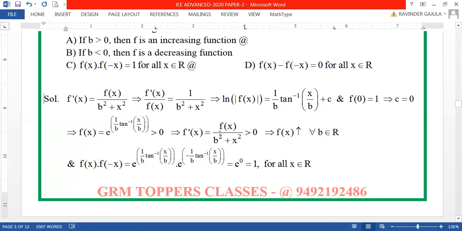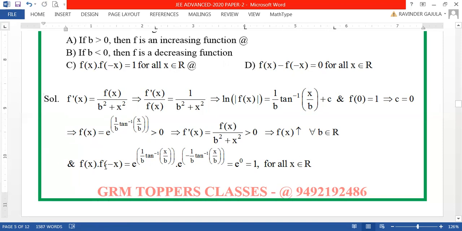Then f dash x, which is f of x by b square plus x square, is also greater than 0 because f of x is positive. So f of x will be increasing for all b belongs to R, because it depends only on f of x, and b square will always be positive whether b is positive or negative. b square is positive, so f of x is increasing for all b belongs to R.